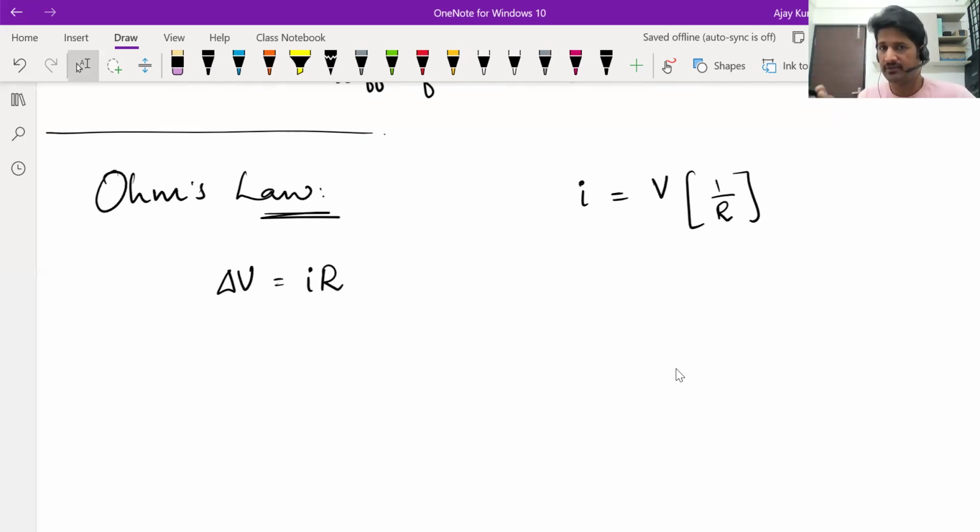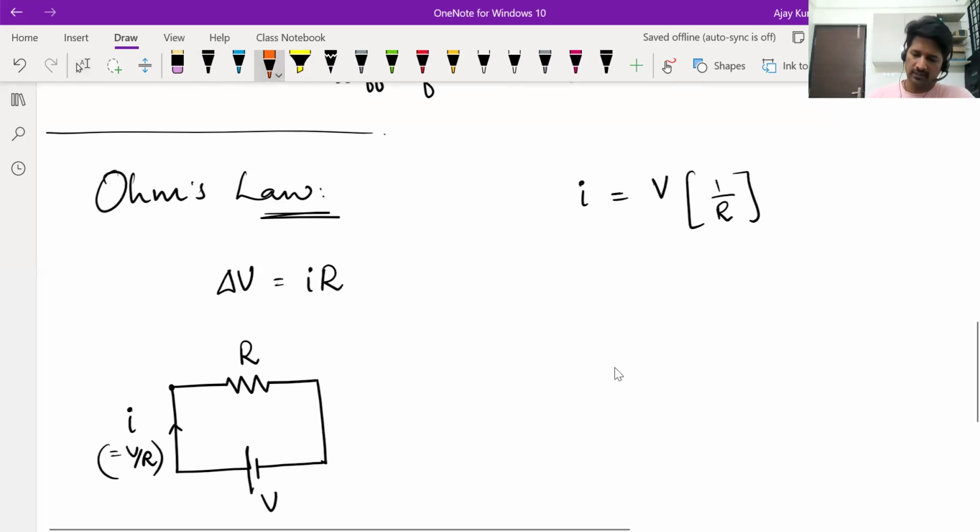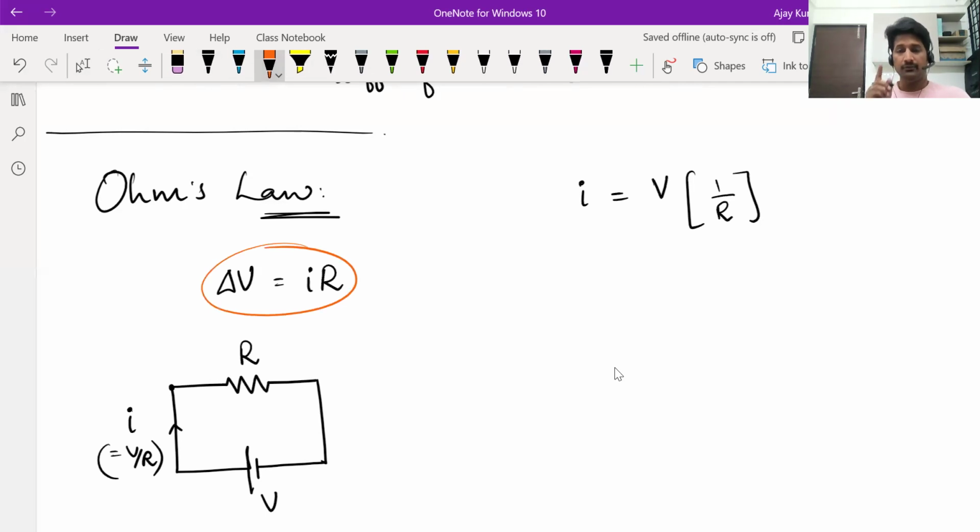Remember, V is the potential difference across the conductor whose resistance is R. If a conductor offers some resistance R, this is the standard symbol for a resistance, and you apply a voltage V across its ends, then a current I equal to V by R passes through that resistance. So remember, to use V is equal to IR, V must be the potential difference across the resistance R, not somewhere else.